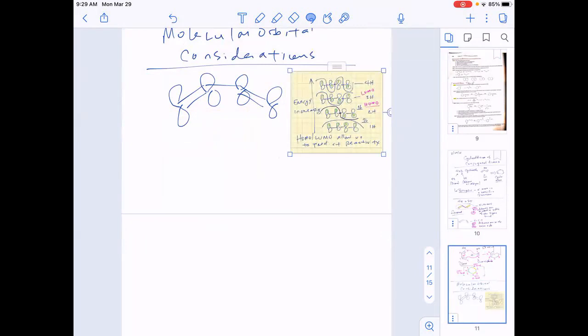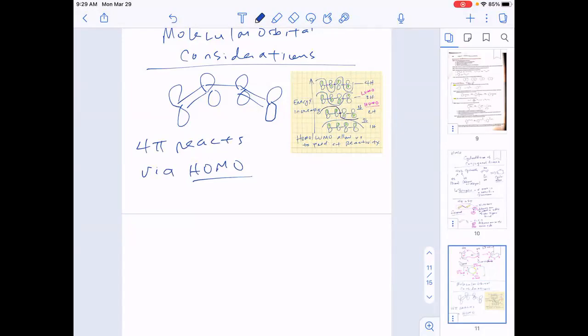So for the 4+2 cycloaddition, that 4-pi system is going to react through the HOMO. Anybody remember what that term HOMO means? It's an acronym for something.